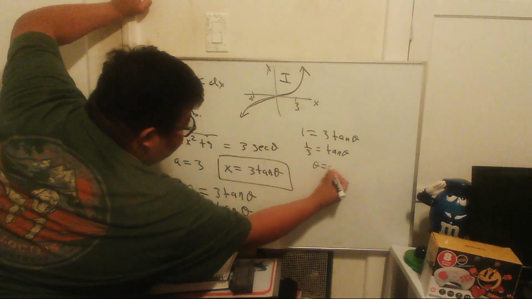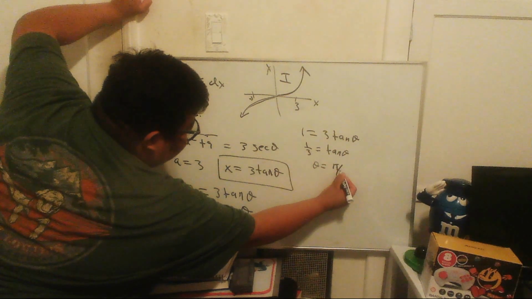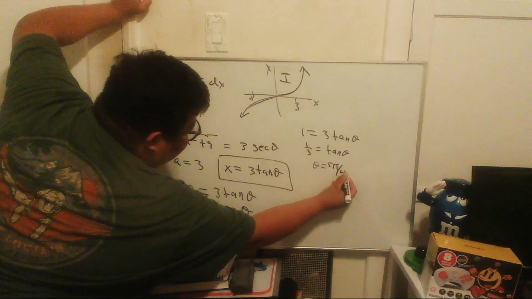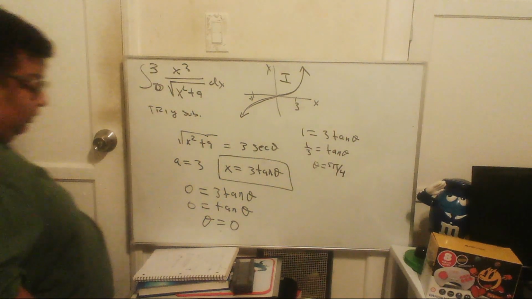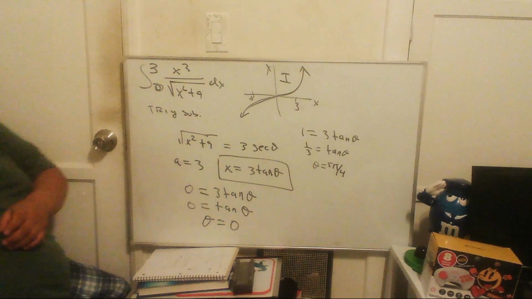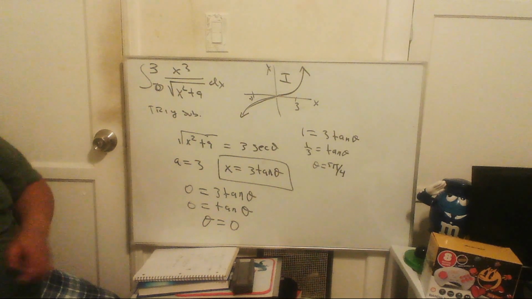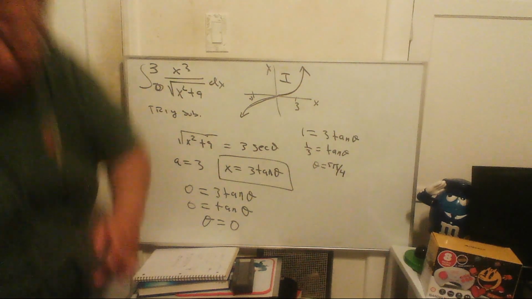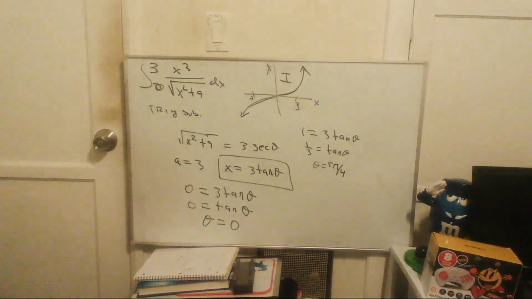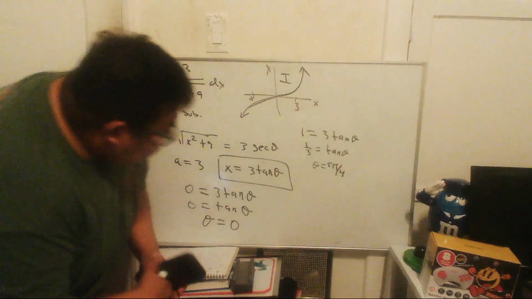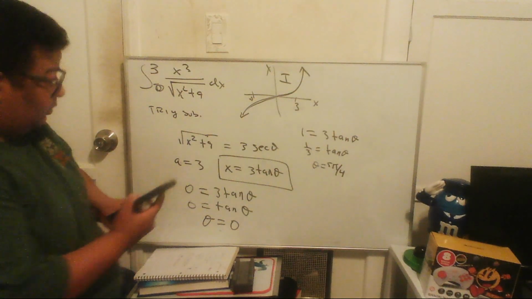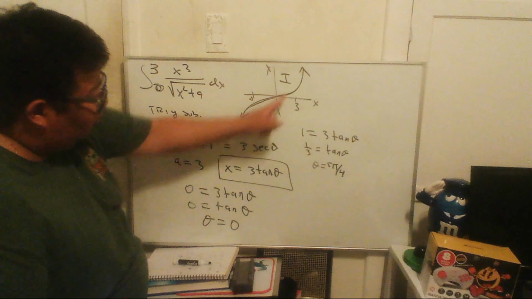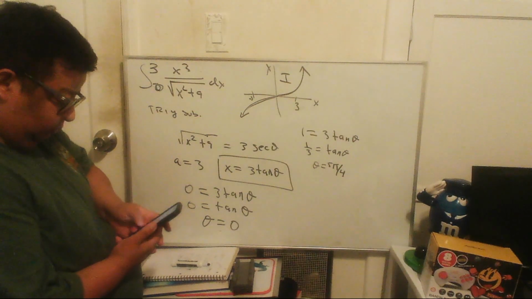That is when theta equals, is it 5 pi over 4? Let me see if that's the case. Let me double check it. Remember, we have to keep in quadrant 1, so that's very important.